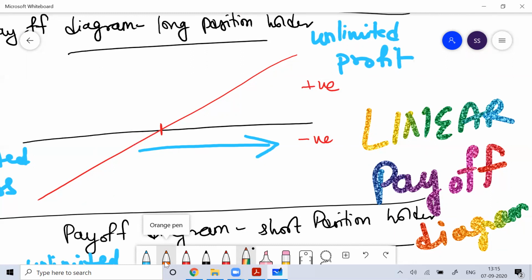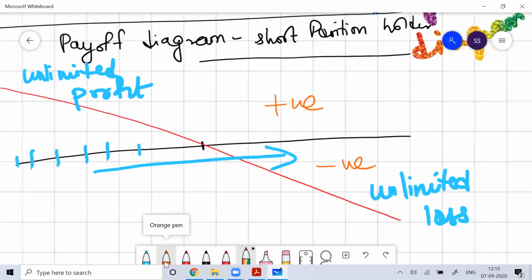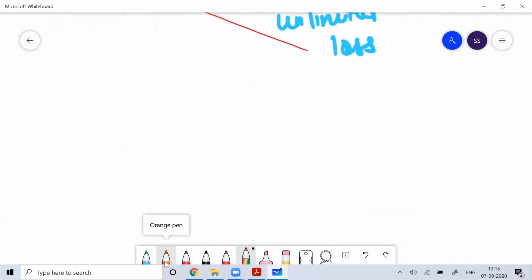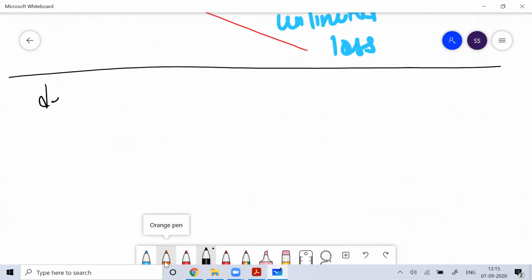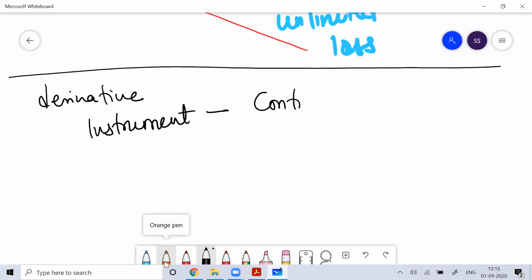Keep this in mind whenever we talk about futures or forward contracts. Going forward, the other thing you need to understand is that derivative instruments follow continuous compounding.